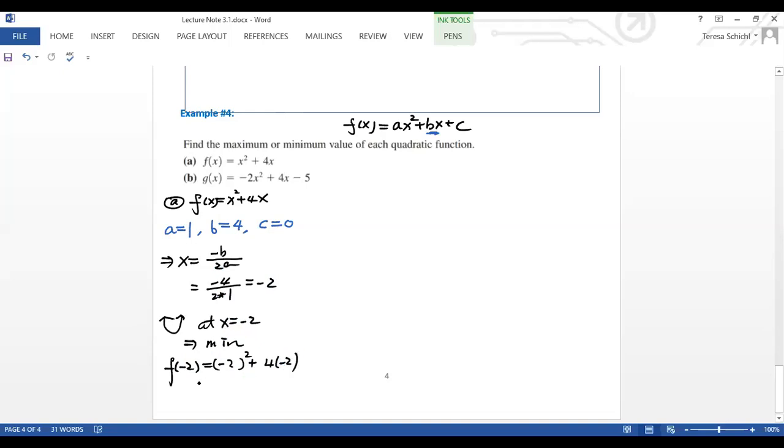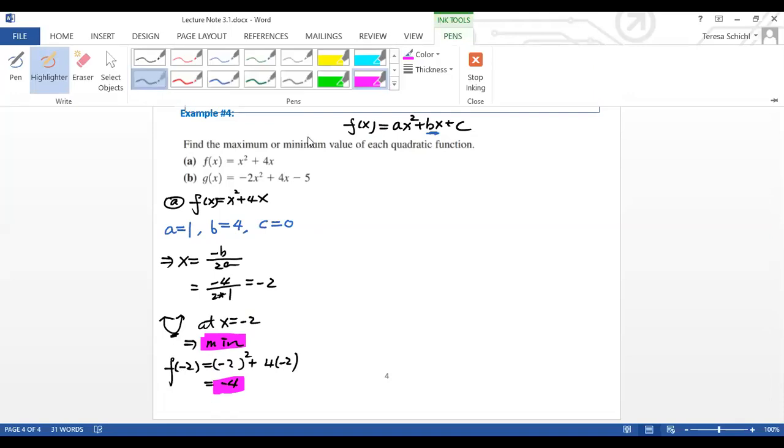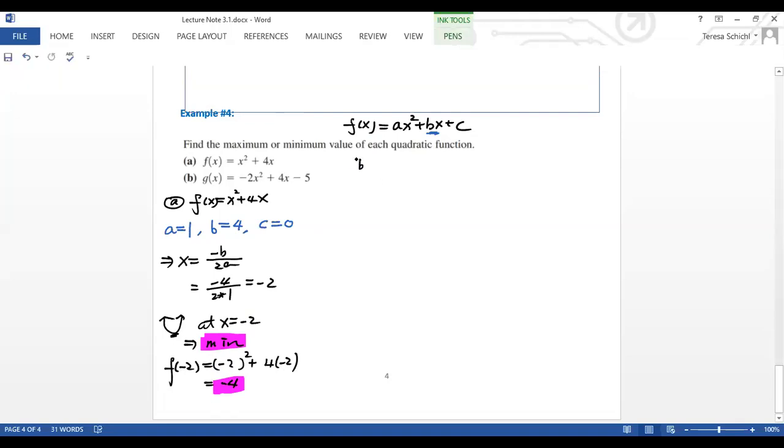You will get negative 4. So the vertex is negative 2 and negative 4, and we have a minima value of negative 4. This is the way you don't have to change it to the vertex form anymore.